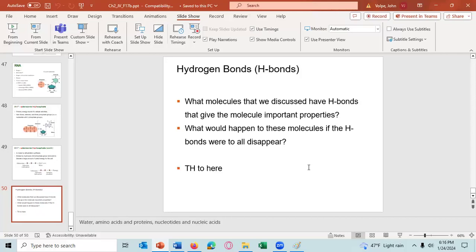This is pretty easy, people. What of the biological molecules, there's only 4 of them, has hydrogen bonds? Proteins. Can you say that again? You sort of broke up. Proteins. Proteins have hydrogen bonds. Actually, nucleic acid and carbohydrates also have hydrogen bonds.